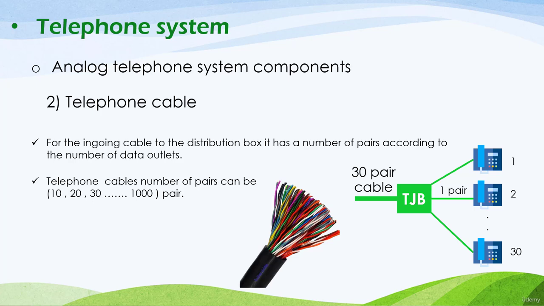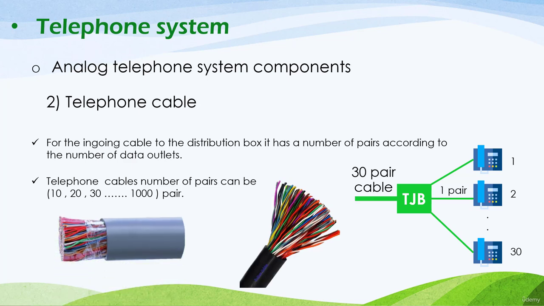The telephone cables can have as many pairs as required according to the number of telephone lines that we need to feed. Hence, we can have a 10-pair telephone cable, 20 pairs, 30 pairs, and up to 1000 pairs.